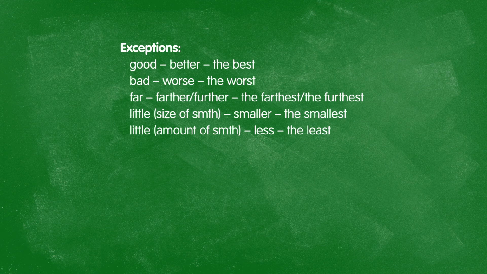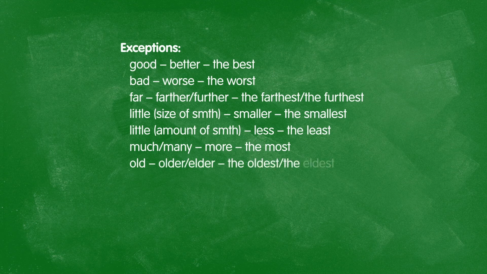Similarly, if we're talking about much or many, then both will transform into more and the most. And finally, old will transform into either older or elder, and the oldest or the eldest.